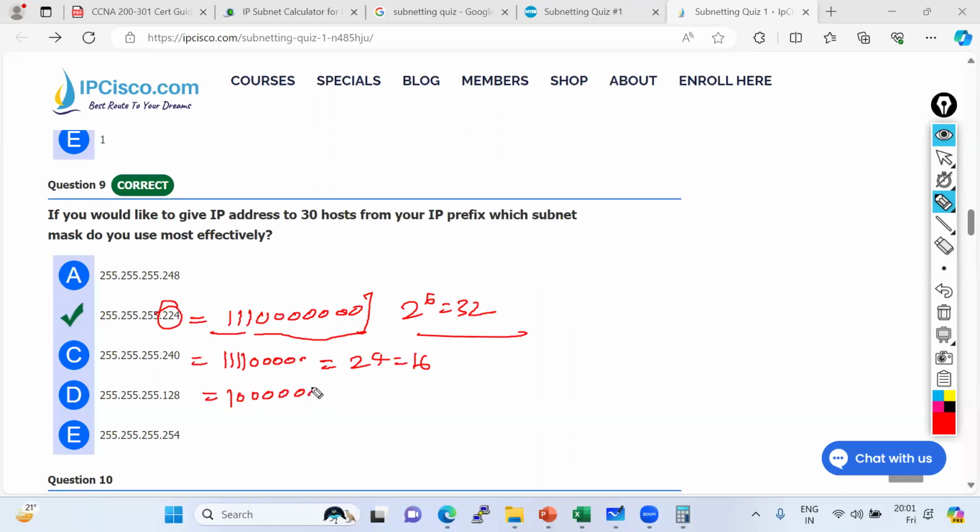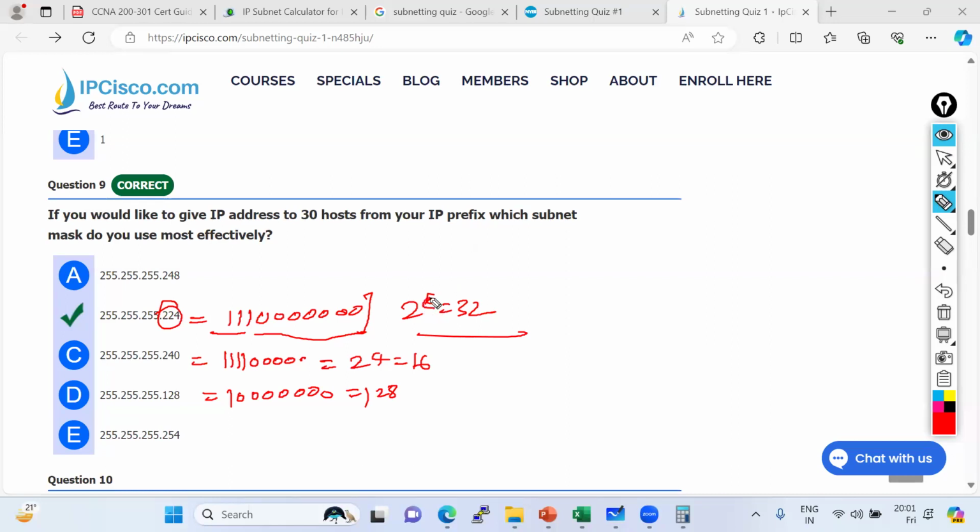Sorry, for the first one, I'm using 3 bits to get 224. I have 5 left, so it's 2 raised to power 5. I don't even know my 2 raised to power 5, I need a calculator.